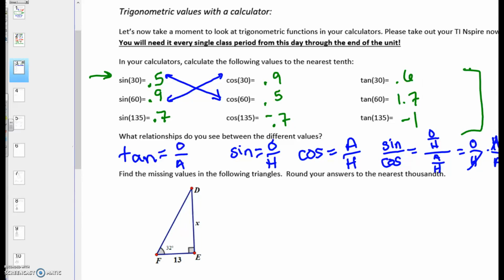We get O over A. So we can say, therefore, by the way, guys, 3 dots means therefore, tangent is actually equal to sine over cosine. So that's kind of a cool thing.